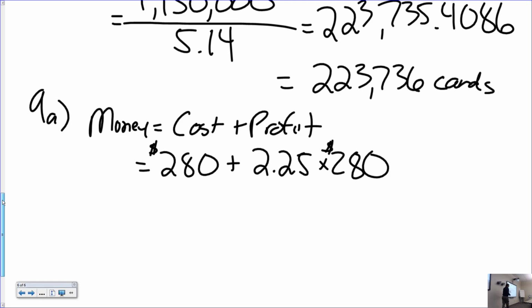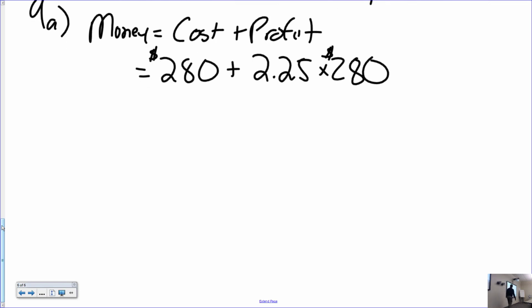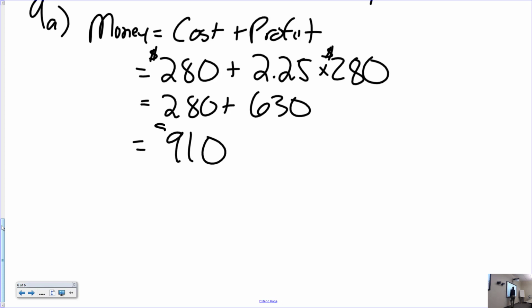The key is that you need to add those two together. So normally when people lost 2 or 3 points on this question, it's because they forgot to add the cost plus the actual markup. Right, so $630 is the markup amount. It's the profit I want. It has to be on top of the cost itself.